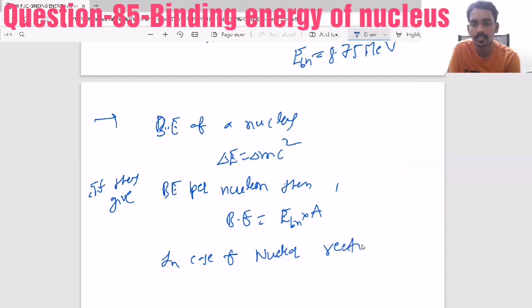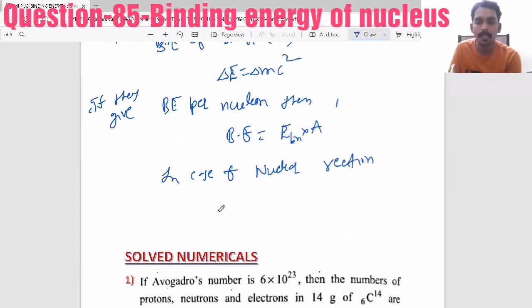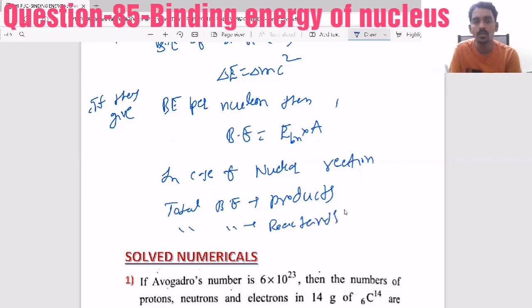If there is a reaction, then you have to find the total binding energy of the products and the total binding energy of the reactants, and then subtract. Like that also they can ask questions.